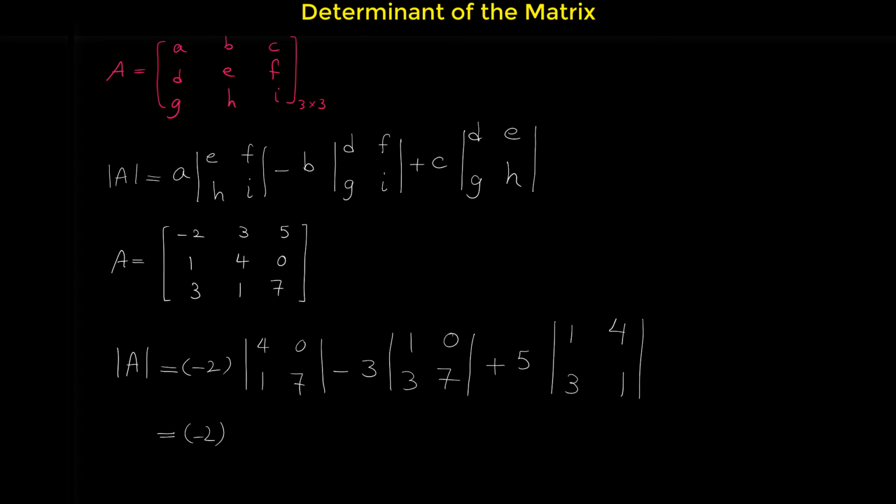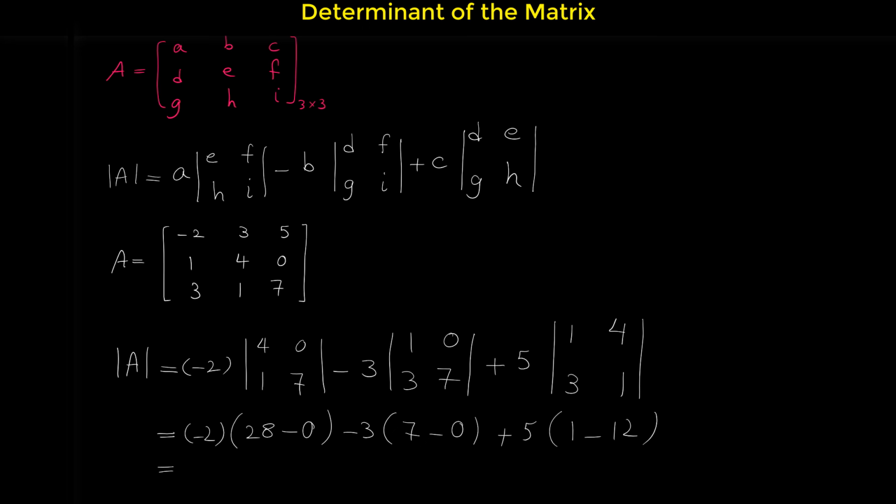-2 times, this is a simple 2 by 2 determinant. We know how to calculate this. 4 times 7, which is 28, minus 0 times 1, which is 0, minus 0. Minus 3 times 1 times 7 is 7, minus 0 times 3 is 0. And finally 5 times 1 times 1 is 1, 3 times 4 is 12.